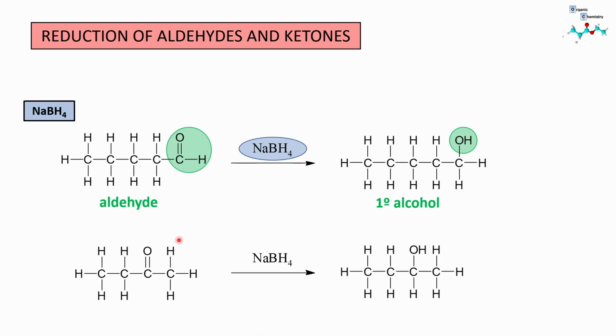Also, we could take a ketone functional group and turn it back into a secondary alcohol. This is the opposite reaction to the oxidizing reaction, and this is why it's called a reduction. Remember that oxidation and reduction are opposite reactions to each other.